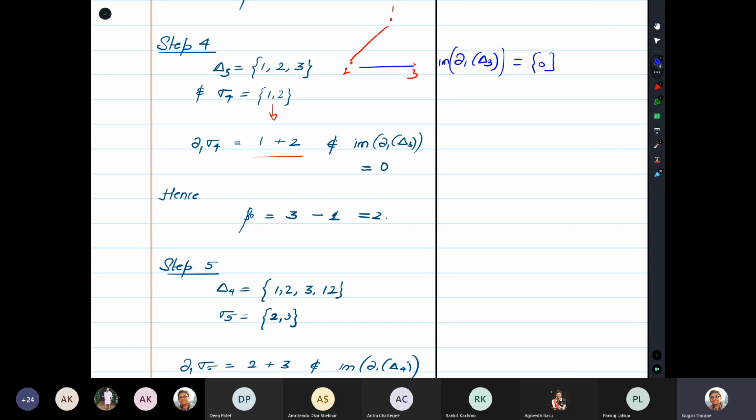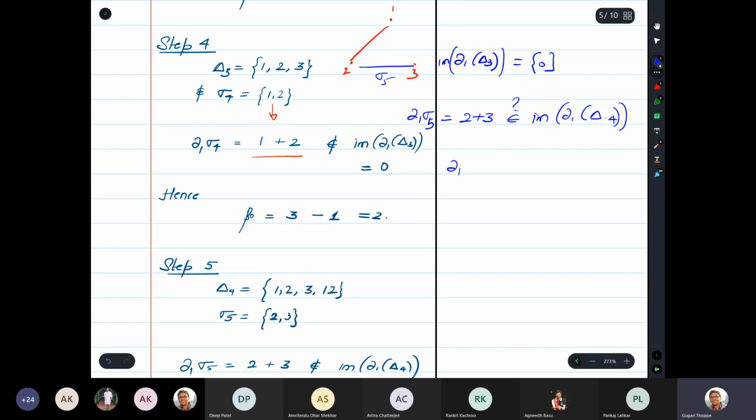Again, I have to check whether 2 plus 3, so let's say this is sigma 5, so ∂1 of sigma 5 is 2 plus 3, belongs to the image of ∂1 of delta 4. This is what I'm interested in knowing. Well, ∂1 of delta 4, this image will only include the trivial element and 1 plus 2, because of this edge being present. So clearly this 2 plus 3 does not belong over here.